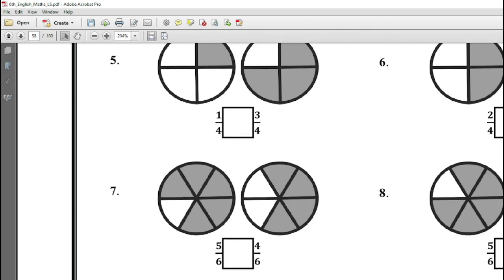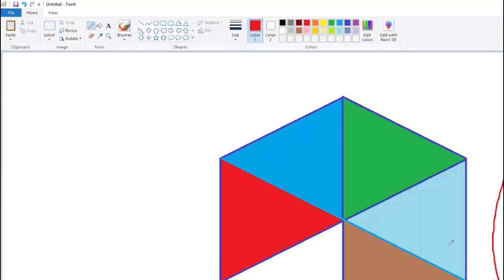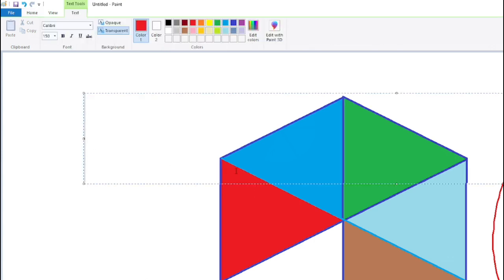And one simple thing I have to tell you: if you consider any two fractions, now here it is giving some numbers. Let us consider 5 by 6 and another one, 2 by 6.